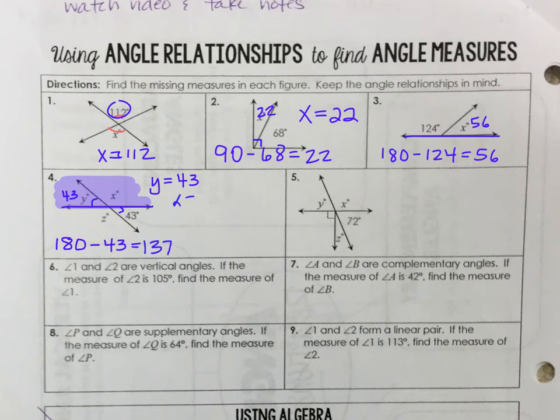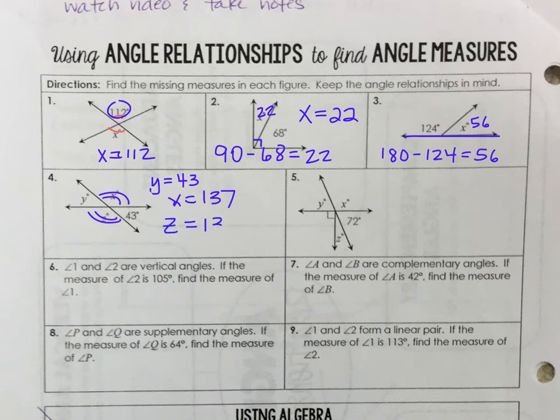So we know that x is 137. And we know that x and z are vertical angles, so they're equal. So that means z is going to also equal 137.